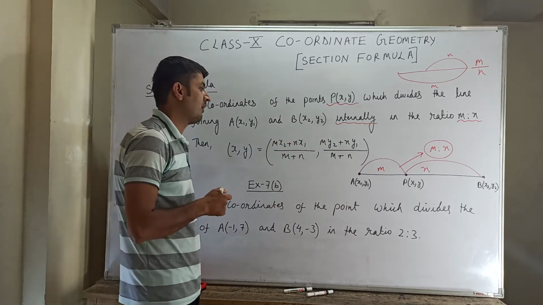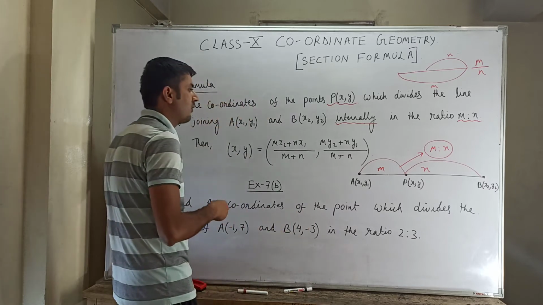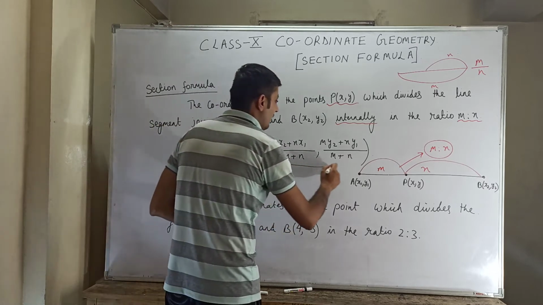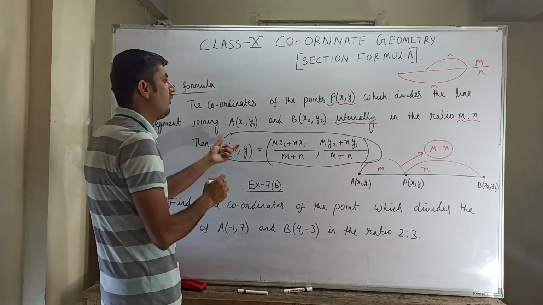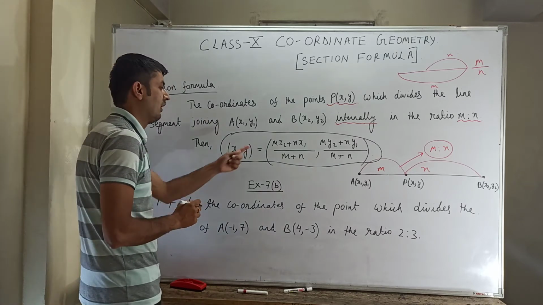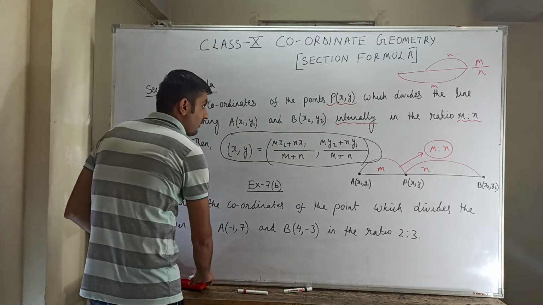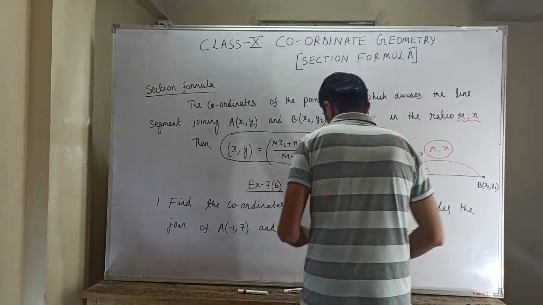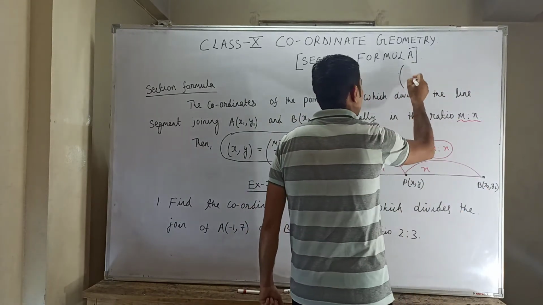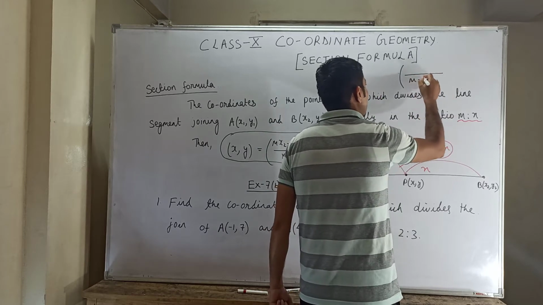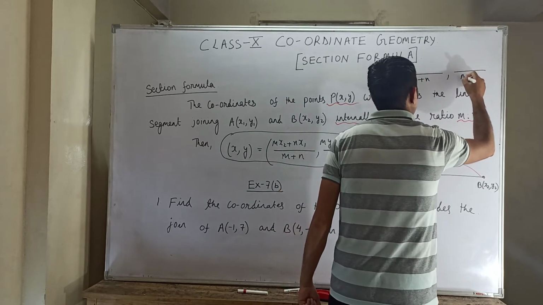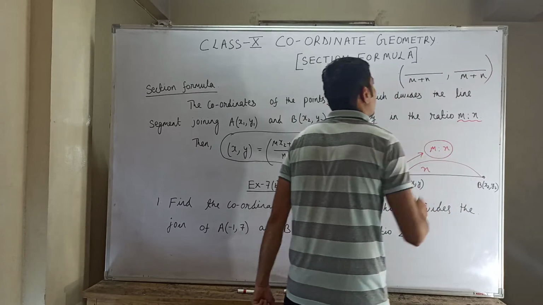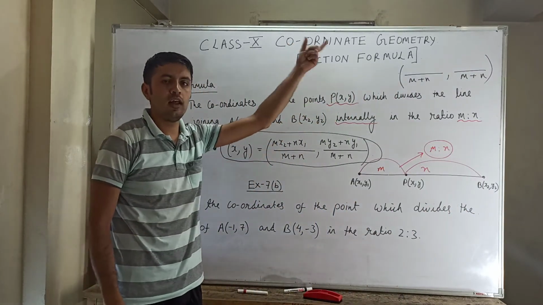Now how to remember this formula? Let me give you one small technique. So how to write down the first coordinate? First you write m plus n in the denominator, m plus n.